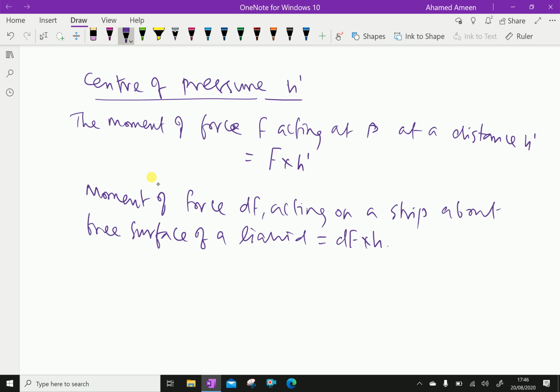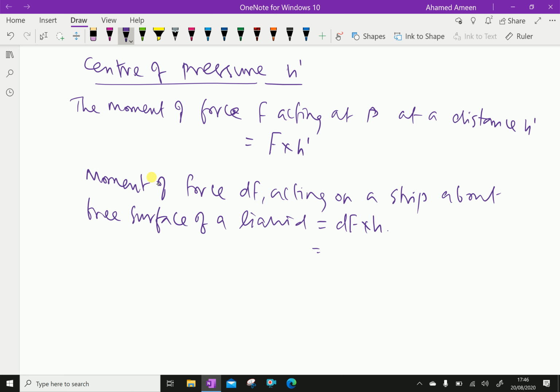Already we have dF is rho g h b dh, rho g h into area is b dh, into h.